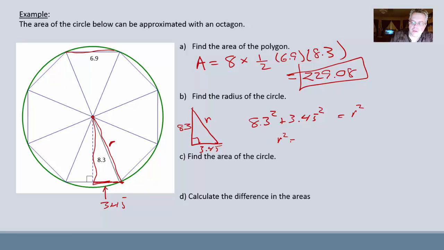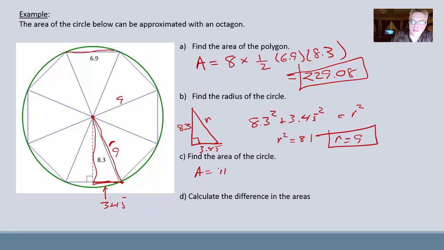So r squared equals, when you do this, about 81. And r is about 9. It's like 9.00 something. So the radius of the circle is 9 from the center to the circle.